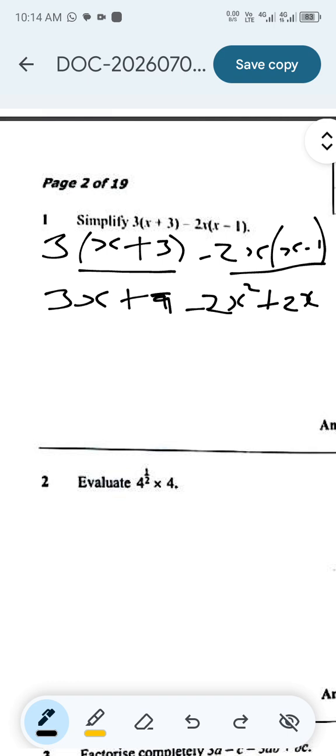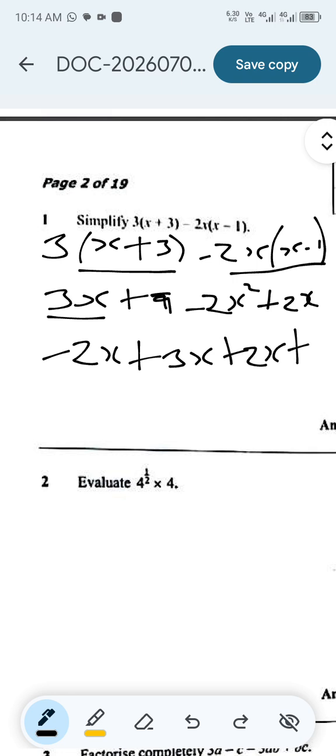So now, if we are to arrange these terms, we are going to start with the highest power, which is negative 2x squared, then followed by the positive 3x, then the 2x, then the constant 9 is going to be at the end. If we reach this far, the only thing that we can simplify is here, because negative 2x squared cannot be added with 3x.